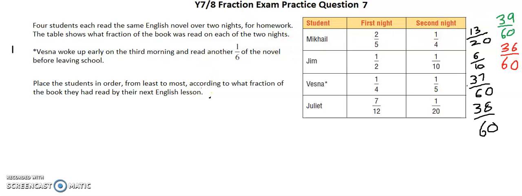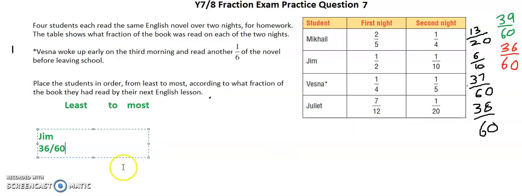So if I'm thinking about the least amount that is being read to the most, I'm going to start off with 36 out of 60, which is Jim. Then the next person that's read the most would be Vesna.